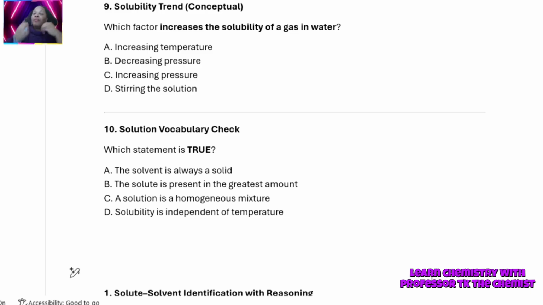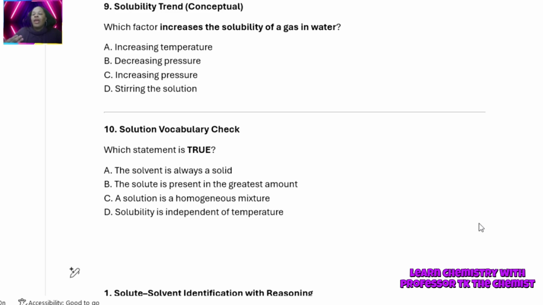This is because pressure pushes more gas particles into the liquid, and that's what keeps them there. So if you put some pressure on it, that gas will sit down and stay, according to Henry's law. Henry's law explains the solubility of the gas and the pressure. So as the pressure increases, your solubility increases.